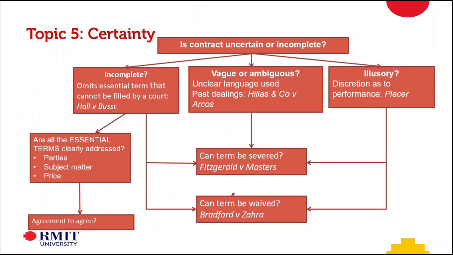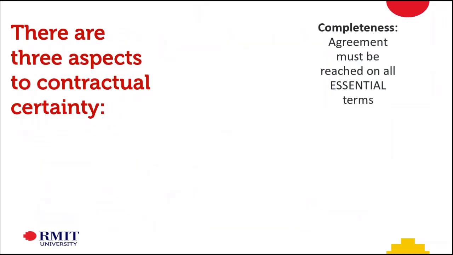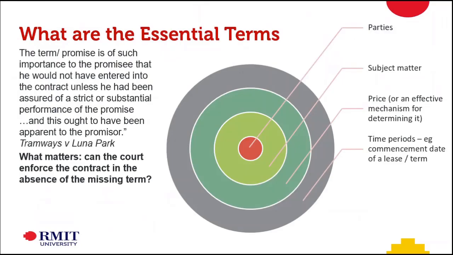So you can't get out of a contract on the basis that the other person has some sort of illusory right that they're prepared to waive. Spoken about this already.